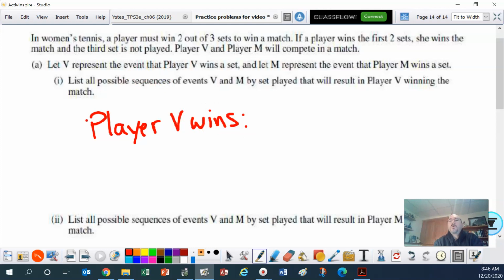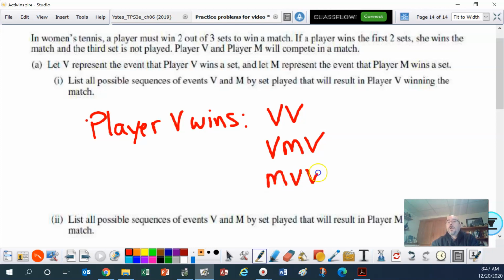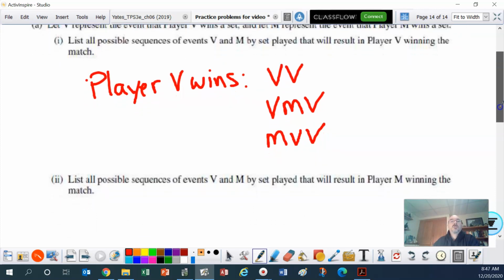Okay, so player V wins. So here they are. Player V might win the first 2 right away. Boom, you're done. Or player V might win, then player M wins, and then player V wins. There's only one other situation here: player M wins the first one, and then player V wins the last 2. Okay, there's player V wins.